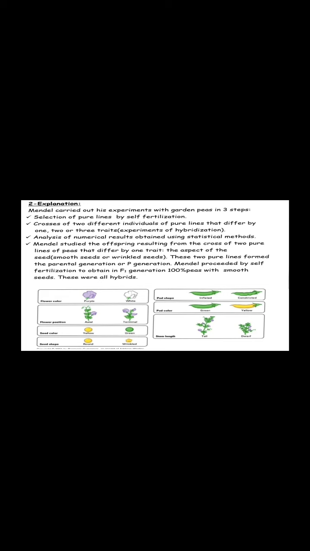Mendel studied the offspring resulting from the cross of 2 pure lines that differ by one trait, and he named them F1. The children that came out in the first generation we called F1, that's why we call it the first generation. If you remember from the previous video, all F1 peas were smooth, looking like one of the parents.